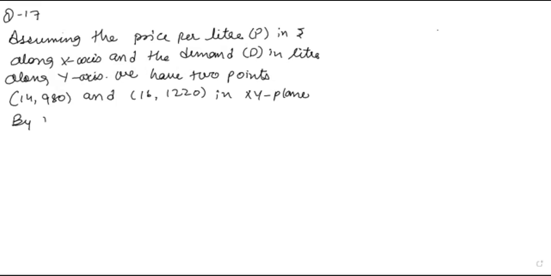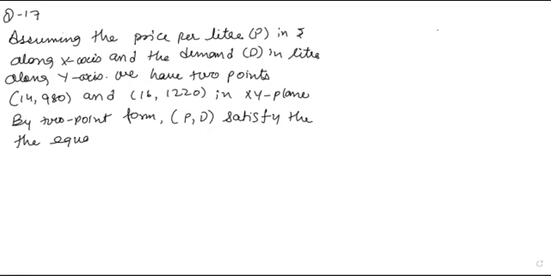So by the 2-point form, the point (P, D) satisfies the equation y minus y1 is equal to m into x minus x1.